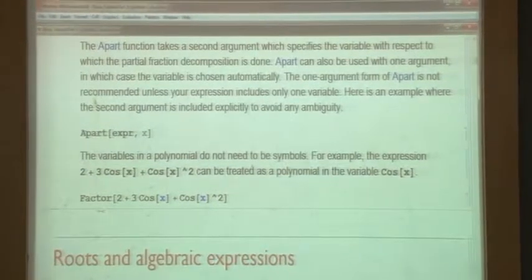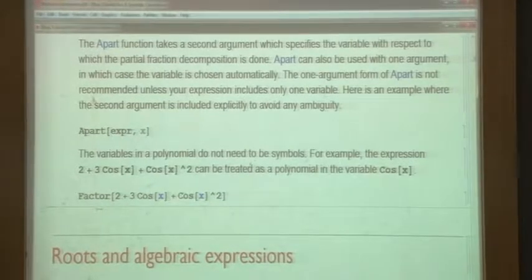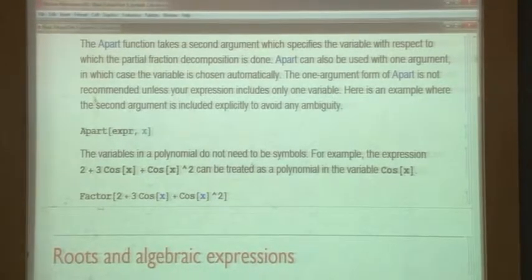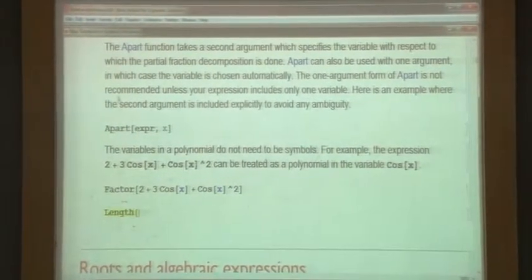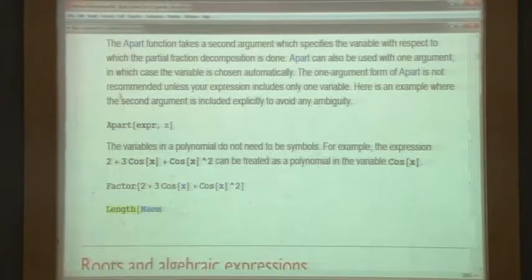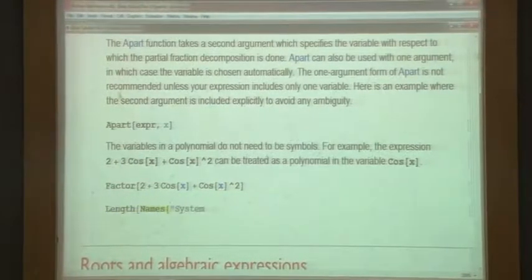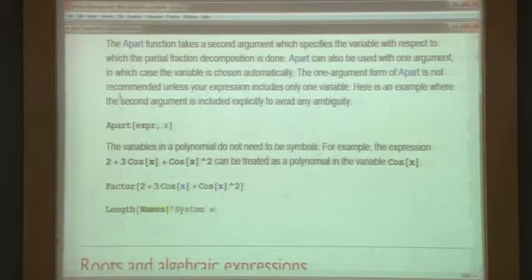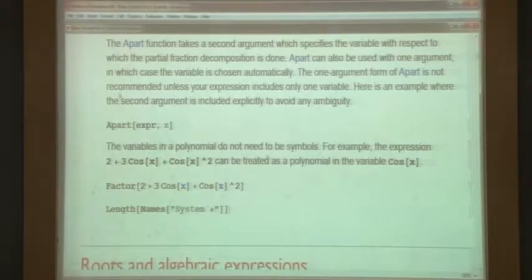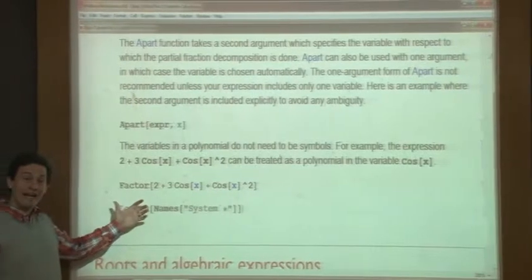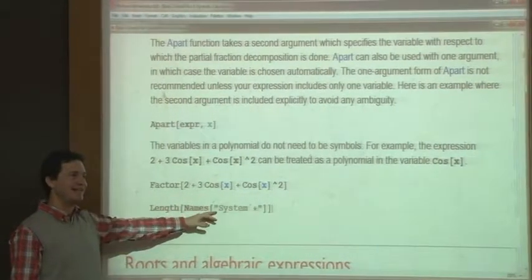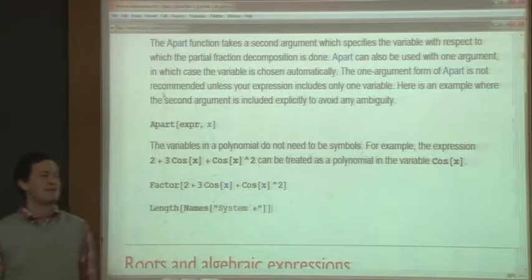Alright, so in case you guys are curious, let's find out how many commands we got in Mathematica right out of the box. Yes? Let's issue this command. Length of Names of "System`*". So I'm asking Mathematica to give me the length of the list containing all the names that exist in the system context in Mathematica.